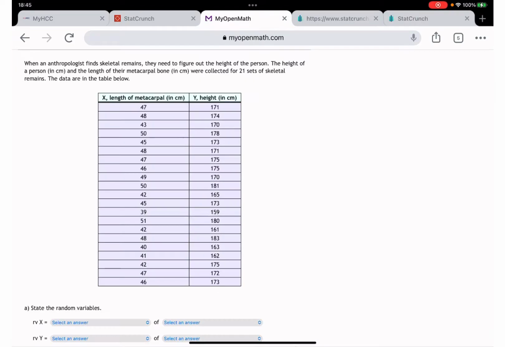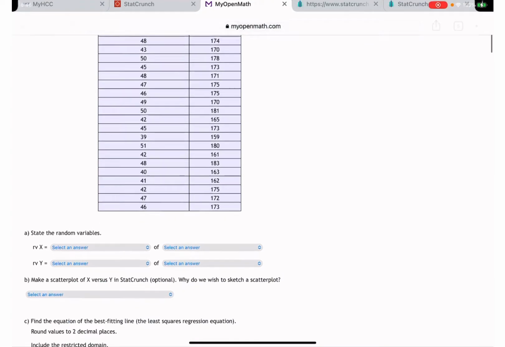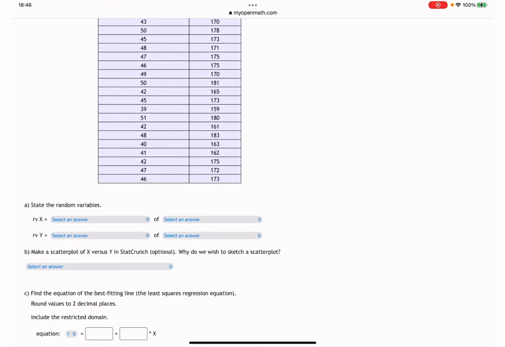I'm continuing. So first question, what do we have here? What is X representing? X is representing the length of the metacarpal.